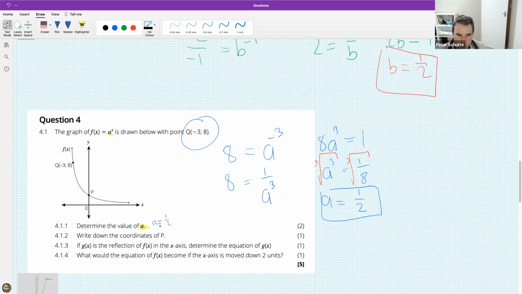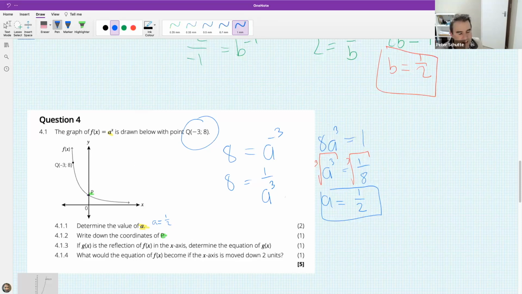Okay, what about the coordinates of p? Write down the coordinates of p. So what is the value over here going to be?